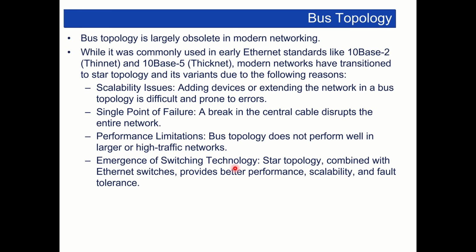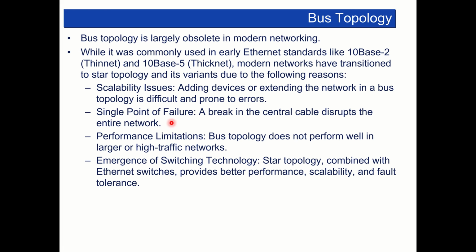Basically, in modern networking in recent days, bus topology is largely obsolete, because what was commonly used before, like 10Base2 and 10Base5, has been phased out. Modern networks have transitioned to star topology and its variants for the following reasons. The first is scalability: adding devices or extending the network in a bus topology is difficult and prone to error.